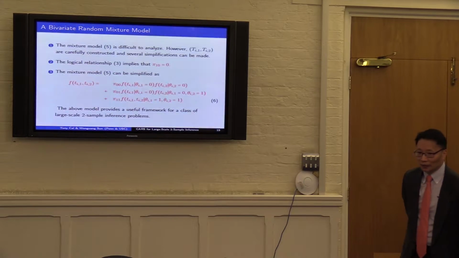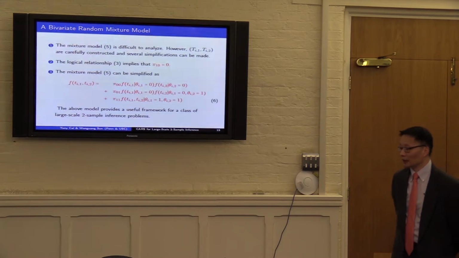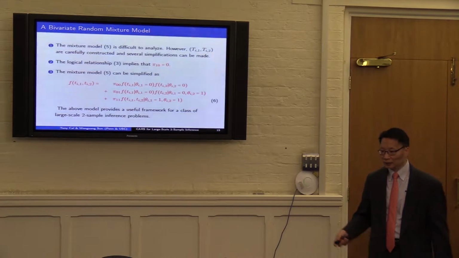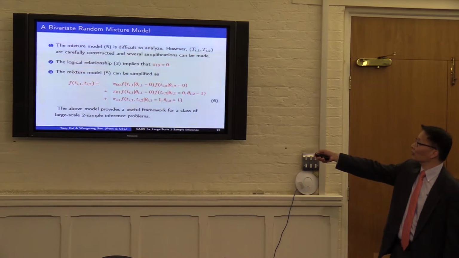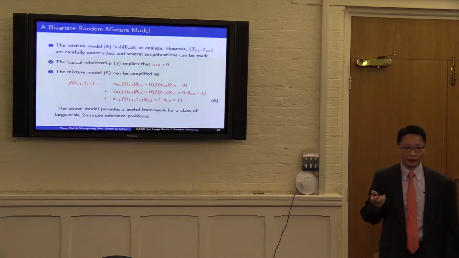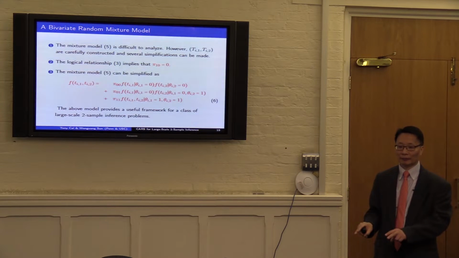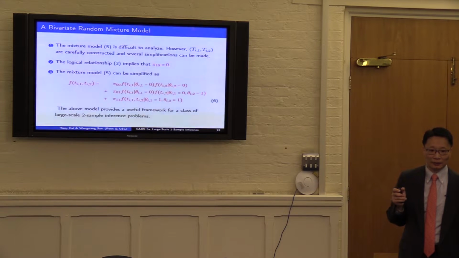And this mixture model turns out to be difficult to analyze because typically we have a 2-component mixture. Now we have a 4-component mixture, but this can be done. First of all, the logical relationship tells us that pi_10 is 0, because if theta 2 is 0, theta 1 must be 0. Because if both of them are 0, then the two must be equal. So in other words, the 4-component mixture actually is only a 3-component mixture.